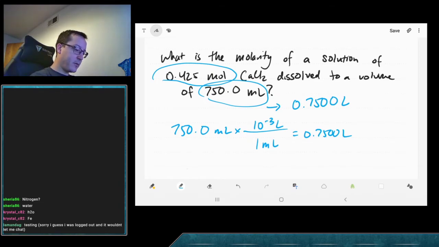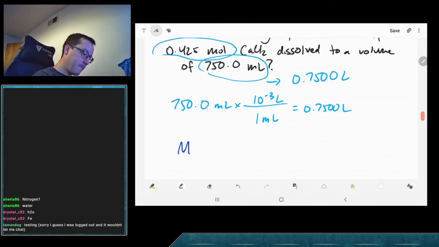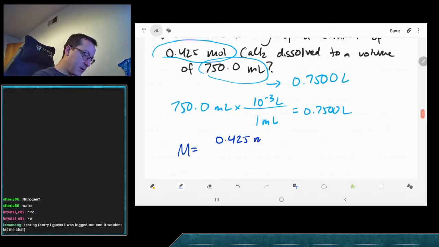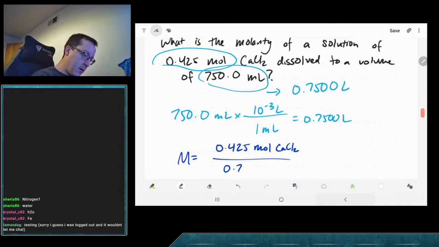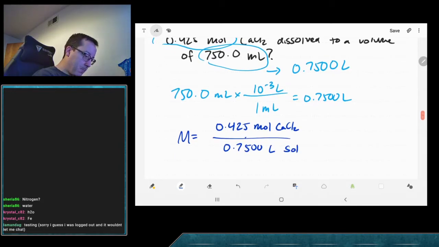Okay. So the molarity of this solution would be moles over liters.